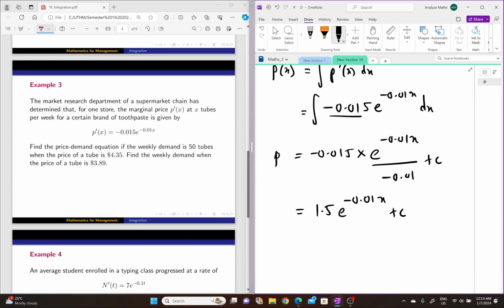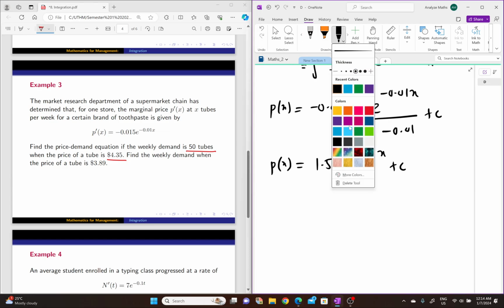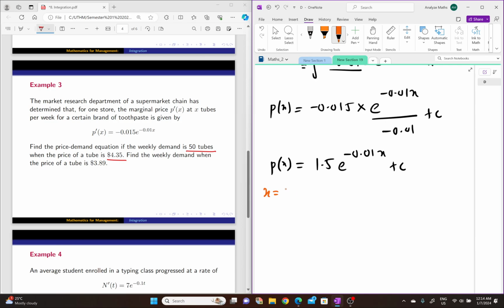This is the price demand equation, and we have to find the C here. They did give you some clue here. When x equal to 50, the price is 4.35. So when x equal to 50, the p(x) is, so replace inside there.